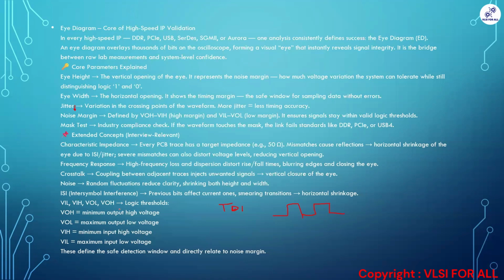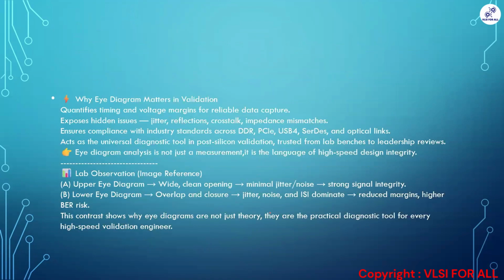We will also see the voltage thresholds: voltage output high, voltage output low, voltage input high, voltage input low. These define the safe limits for the voltages. Mainly, the eye should be wide open so that there will be minimum jitter and minimum noise.